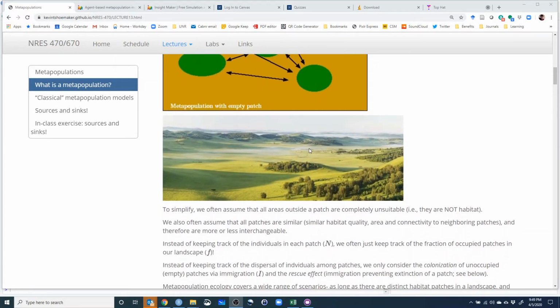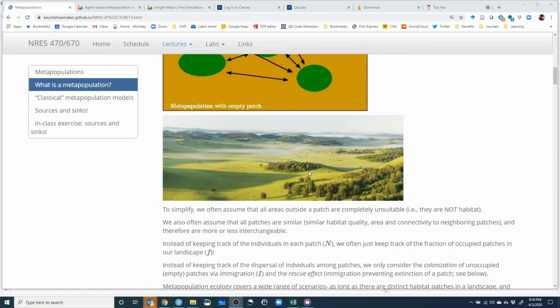And to make it more realistic, we can look at a more realistic landscape here and think about patches. In this case, maybe the organism we're thinking of here is a forest-dwelling organism. You really can't have individuals living in a grassy area. So this whole grassy area out here is really non-habitat.